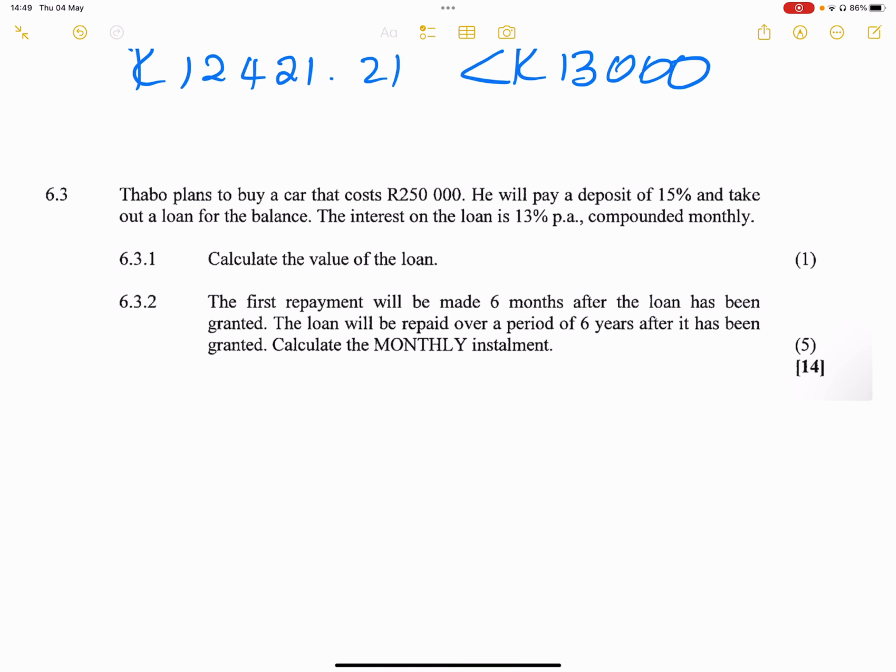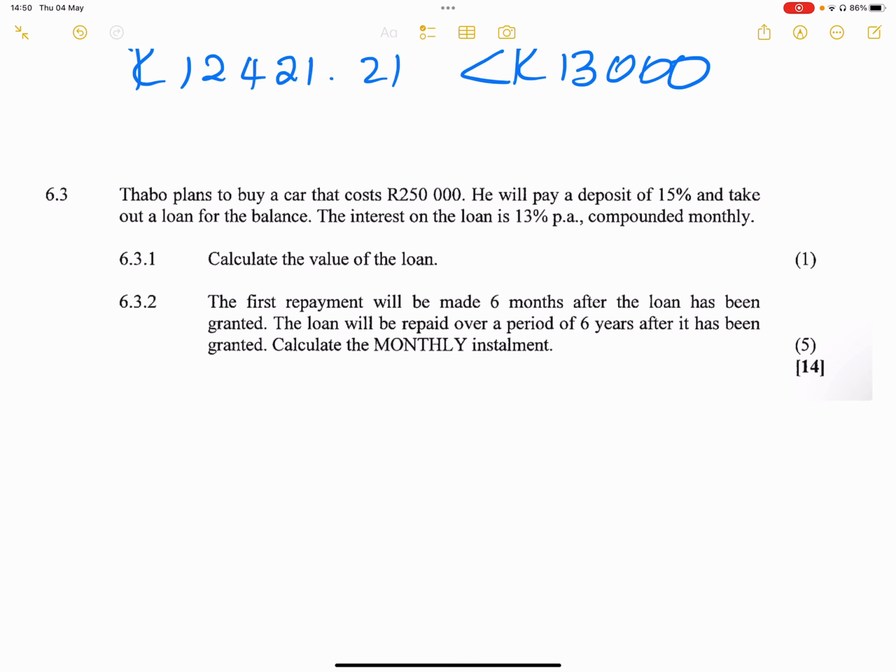Now let's go on to the next one, ladies and gents. They say we've got Tabo who plans to buy a car that costs 250,000. Yo, in this economy! He will pay a deposit of 15% and take out a loan for the balance.